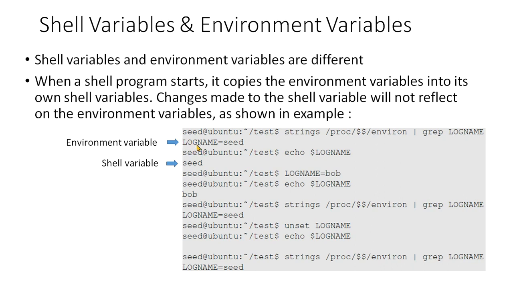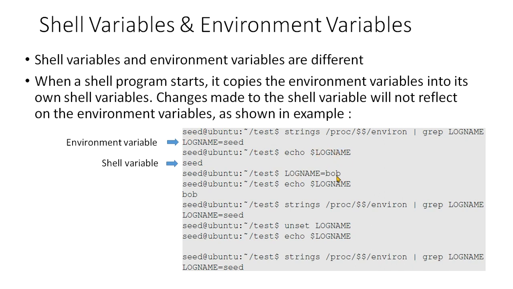from the environment variables. But now if we change, we cannot change the environment variables, but we can change the shell variable here. So if we change LOGNAME to Bob, that means we change the copy of the environment variable. We don't change the environment variable, we only change the shell variable.